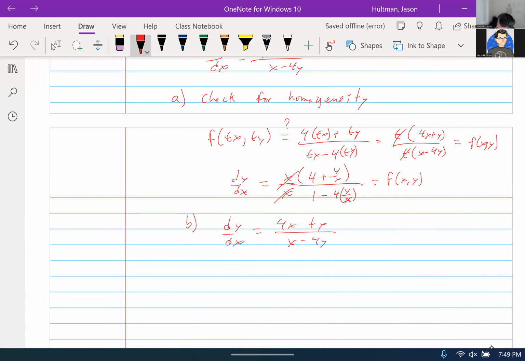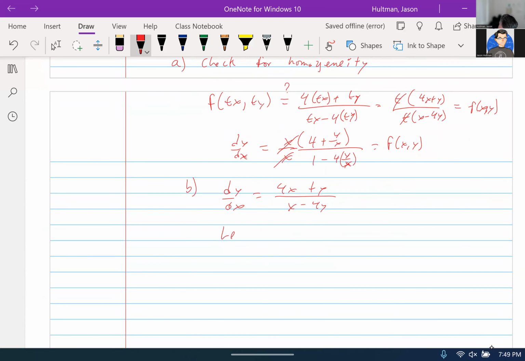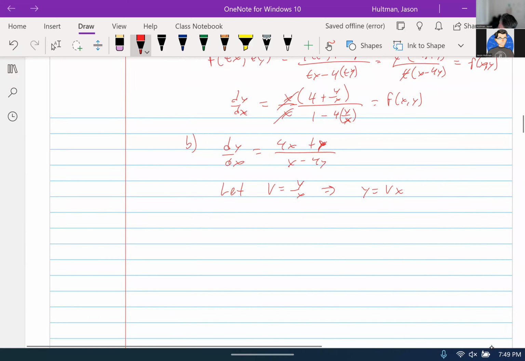So let's let v equal y over x, or more importantly, let's let y equal vx. Let's see what happens here. So we get dy dx is equal to 4x plus vx over x minus 4 times vx.